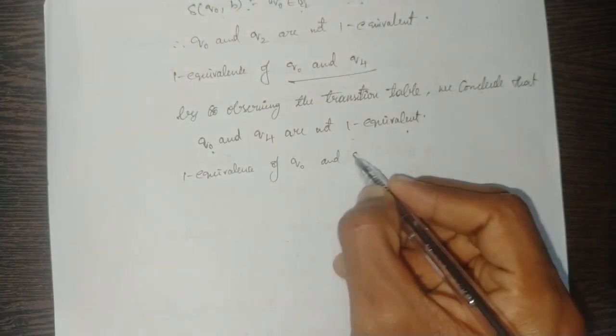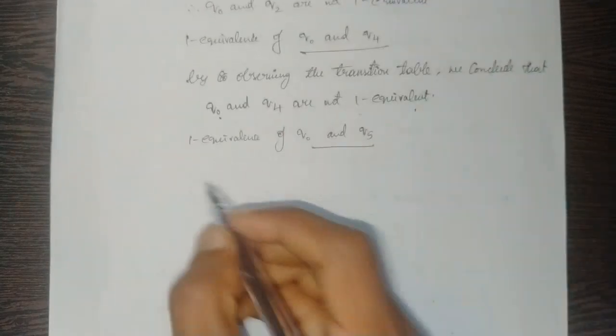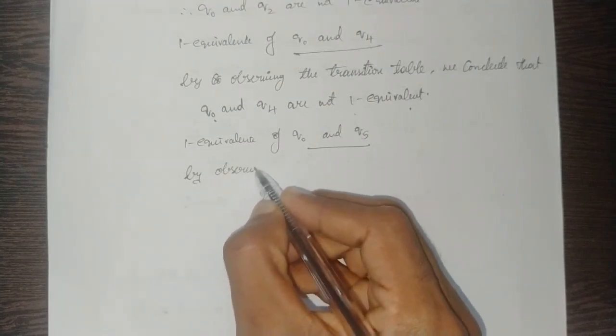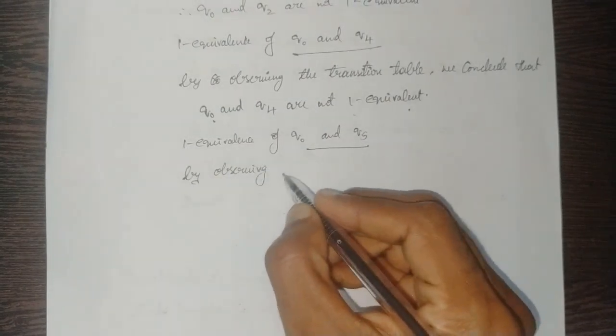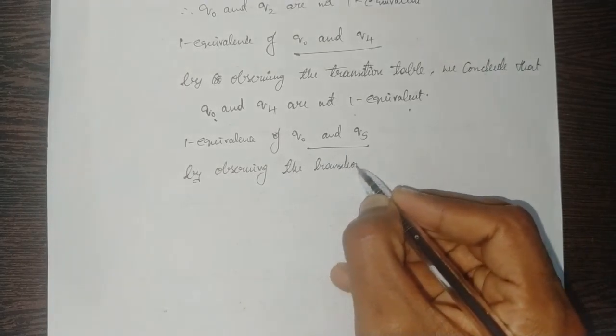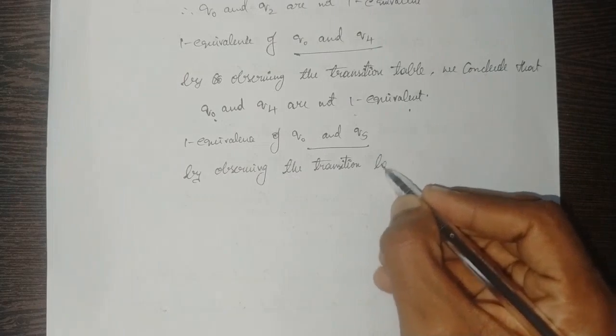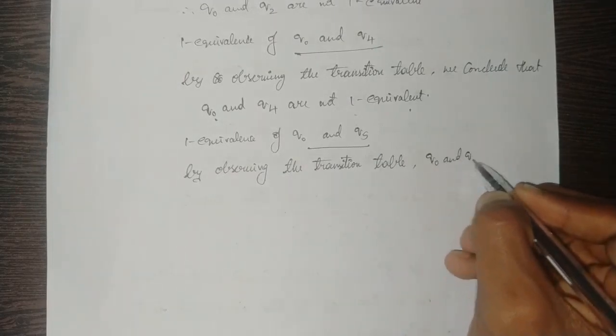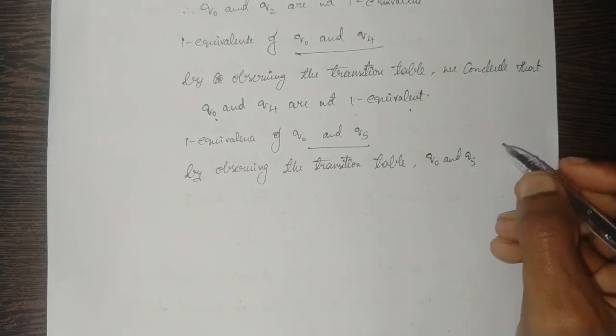Similarly, now consider the one equivalence of Q0 and Q5. By observing the transition table, Q0 and Q5 are not one equivalent.